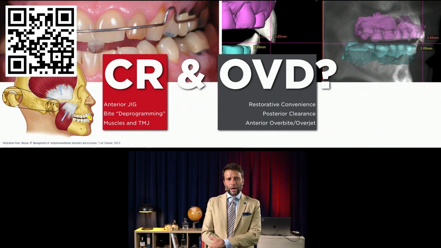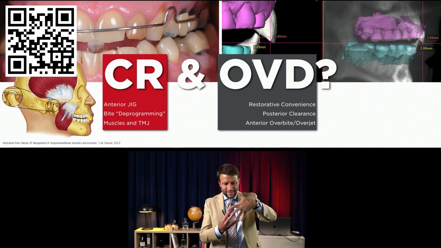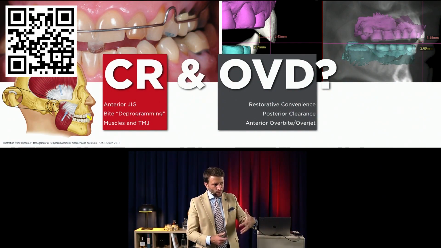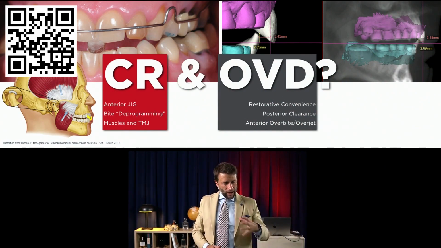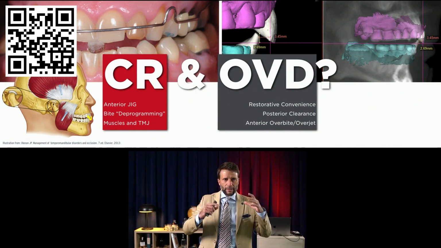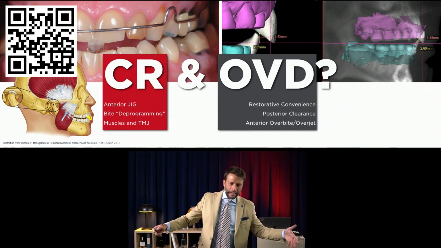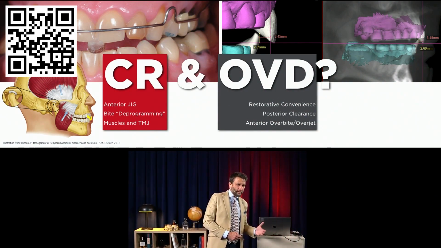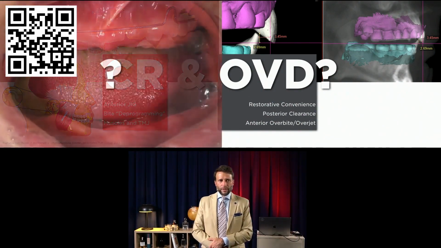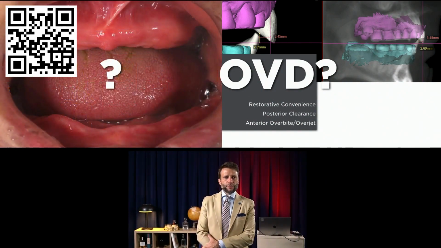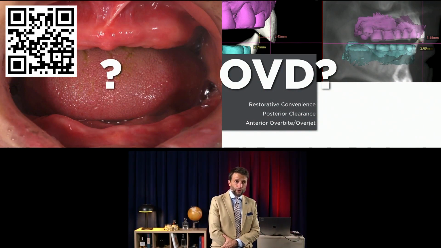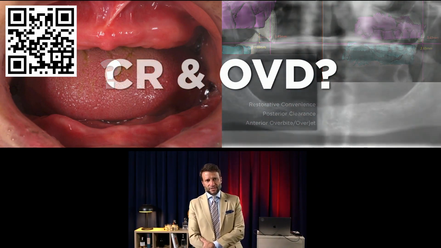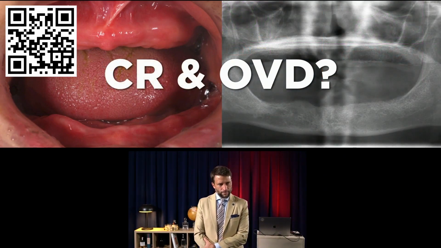We want to allow the teeth to interact with each other, following the principles of occlusion that we learn: overbite, overjet, space in the back, inclinations, guidances, working side, non-working side, equilibration of contacts on both sides, and so on. So it's a tooth-driven decision. CR is a muscle and TMJ decision.